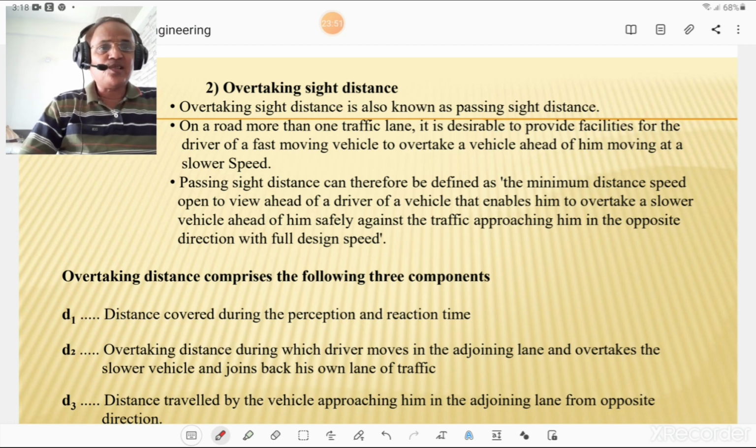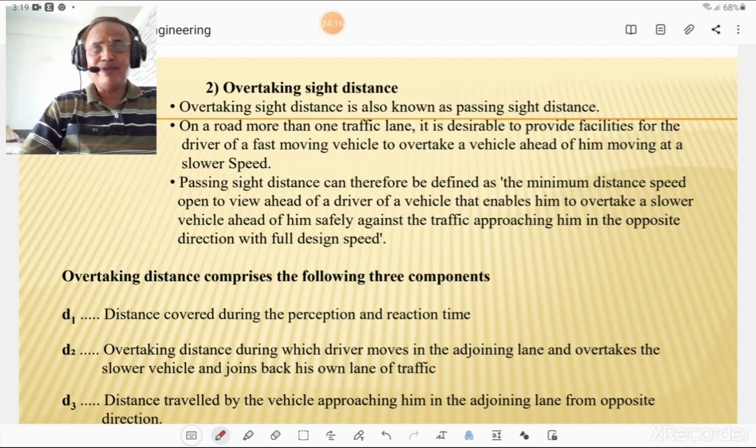Passing sight distance can therefore be defined as the minimum distance open to view ahead of the driver of a vehicle that enables him to overtake a slower vehicle ahead of him safely against the traffic approaching him in the opposite direction with full design speed. But in the case of the Mumbai-Pune expressway, we can overtake the vehicle in one direction only.